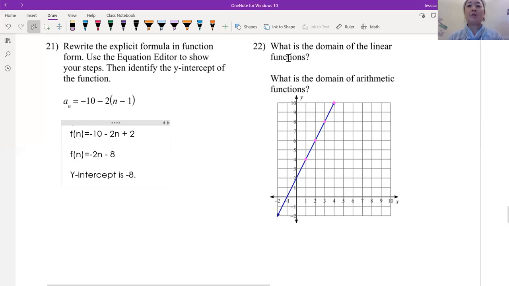All right. And the last question here is, what is the domain of the linear functions? Okay, so in linear functions, remember domain is talking about the values of x. Well, what could x be? If you notice this line is an arrow, which indicates that it's going forever and ever. So what is the domain?